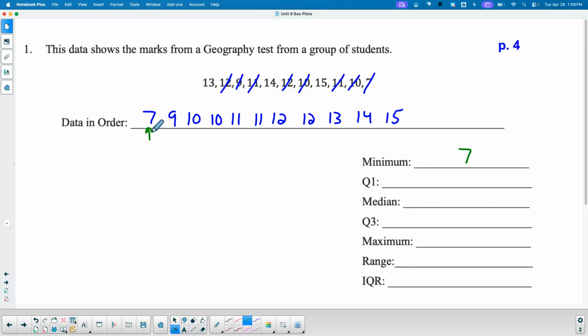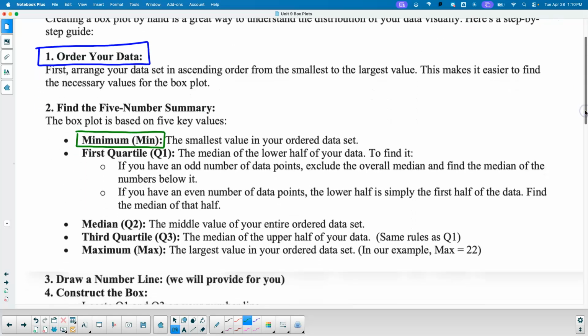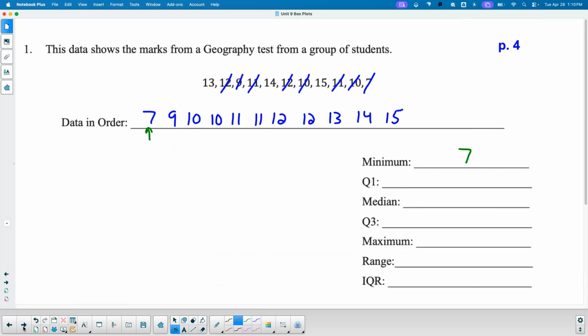It's found right there. Another one of the 5 is the maximum. That's going to be your biggest number, or the one that comes last in your ordered list. What's our maximum in our data set? 15 is our maximum in our data set.